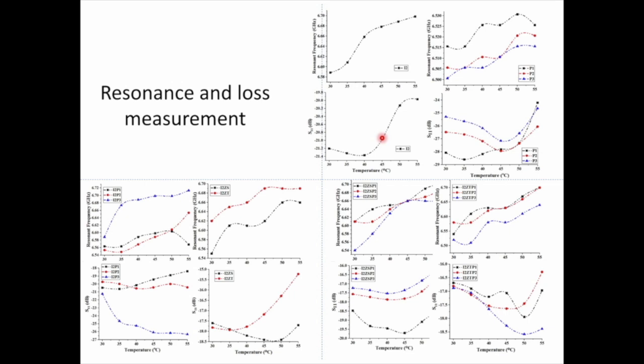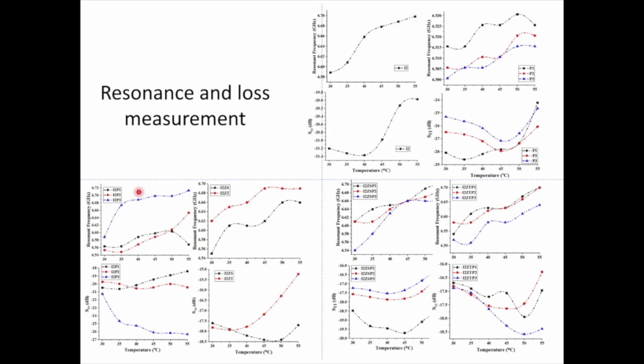In this figure, the variation in resonance frequency and loss with temperature is presented for insulin, the protein; the denaturing agent papain; the combination of protein and enzyme; and the interaction of protein with nanoparticles. Here we see that generally there is an increasing trend of the resonance frequency as we increase the temperature.